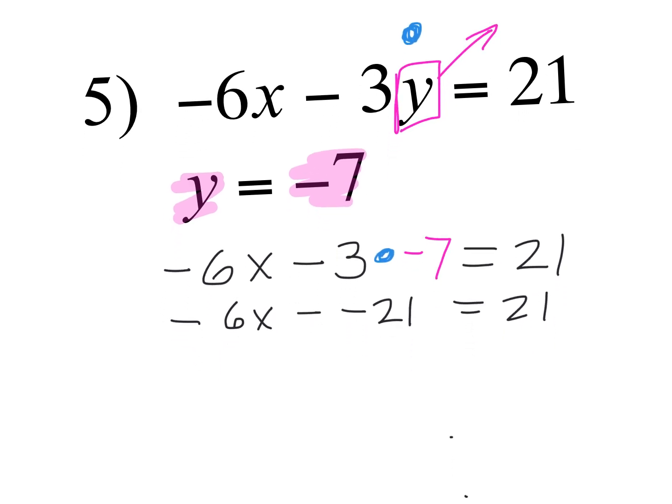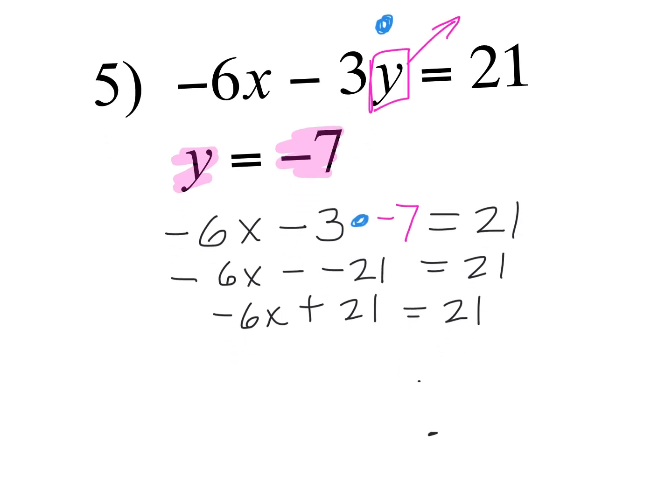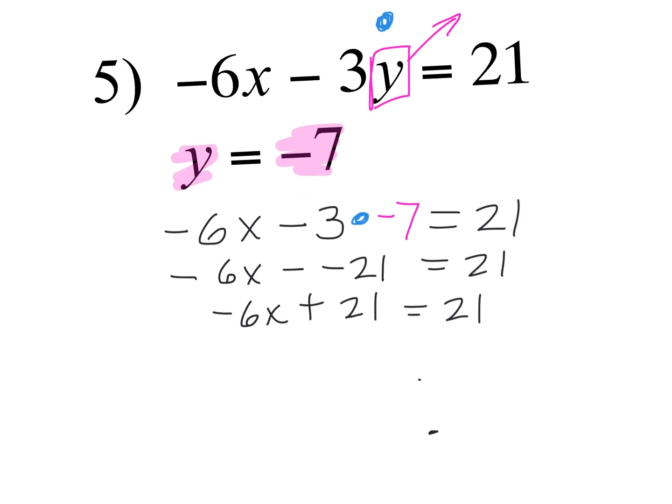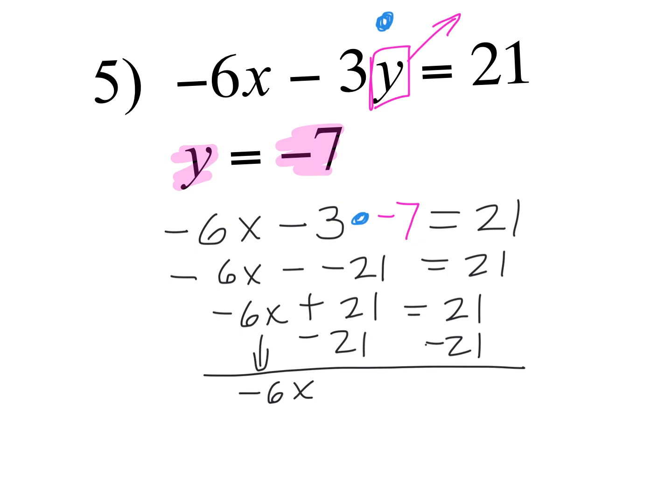Okay, there's that double negative again. 2 negatives make a positive. So now I'm going to isolate my x by doing a minus 21 on both sides. I'm going to bring down my negative 6x.